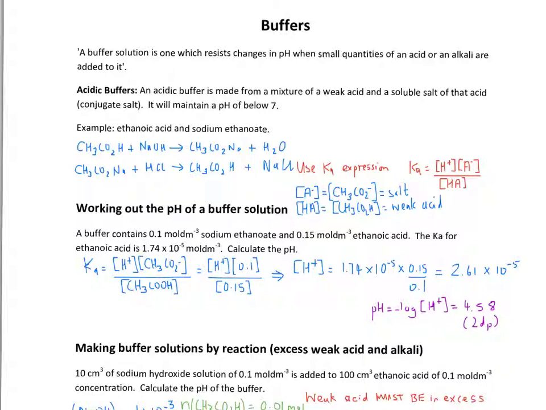There's my expression. But what I've done here is rearranged the equation so that [H+] equals Ka times the acid concentration divided by the salt concentration, which gives 2.61 times 10 to the minus 5. And then to work out the pH, negative log of [H+], 4.58 to 2 decimal places.